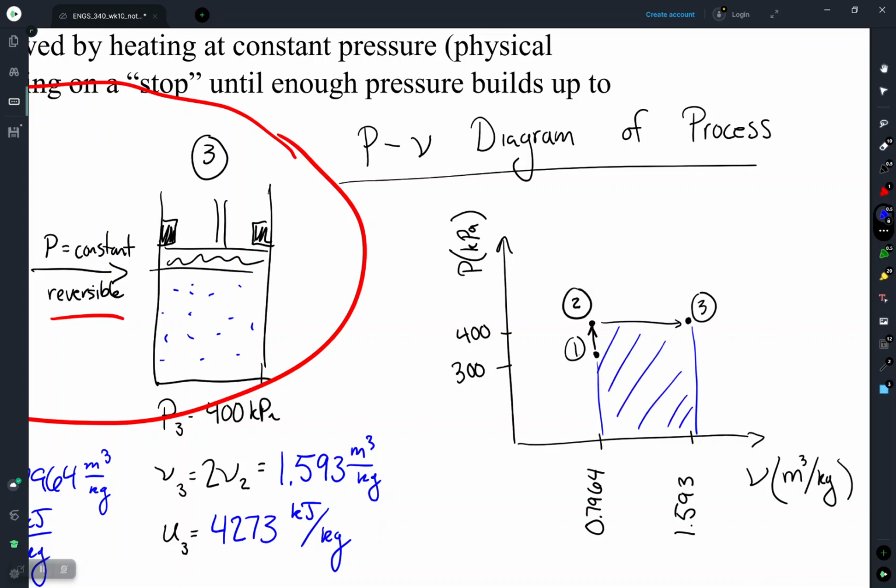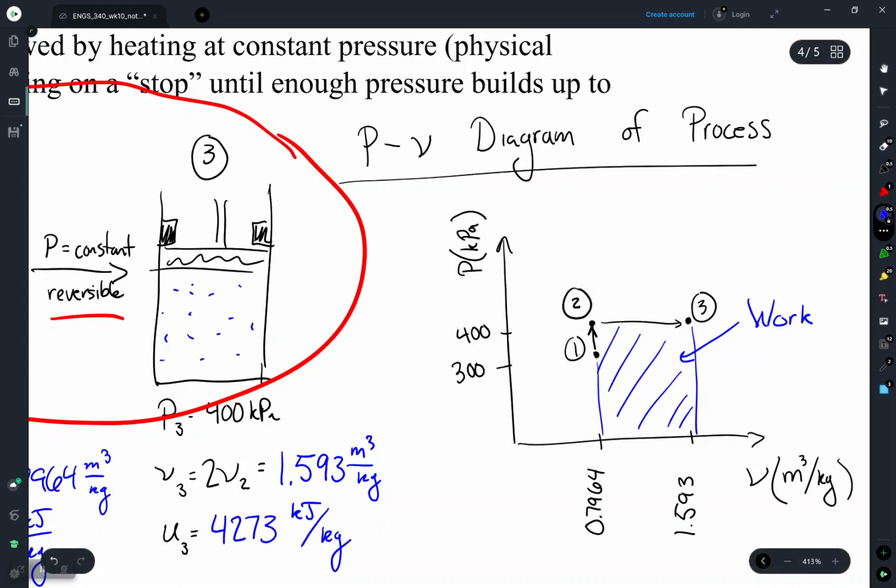You can see there is no area under the curve between 1 and 2 because it's a straight vertical line. So that doesn't have area. So the only place that we have an area under the curve is between 2 and 3. So this is the work. And that's, again, why we like PV diagrams, because it really shows us clearly the area under the curve is equal to the work.